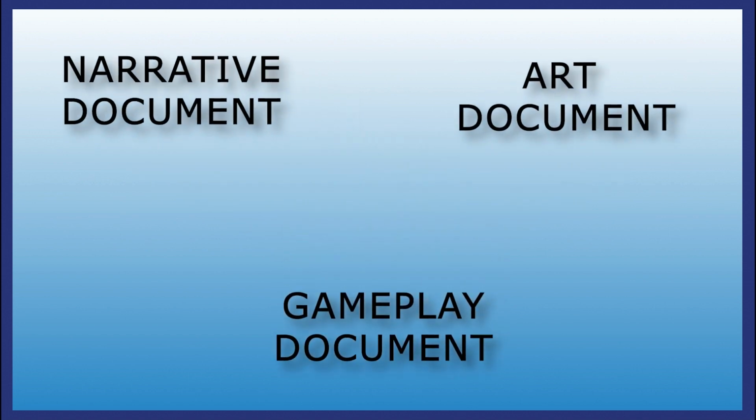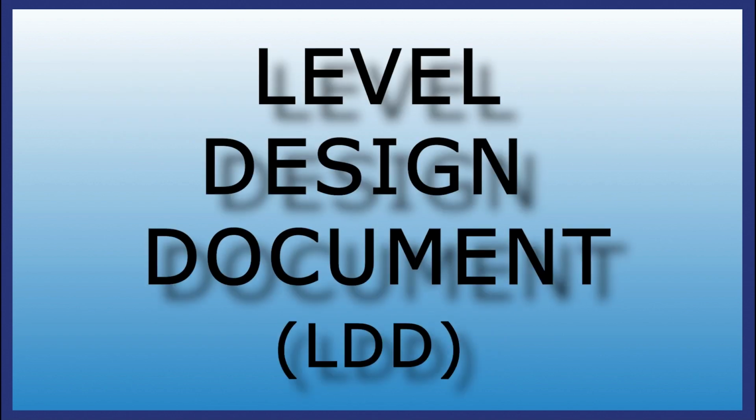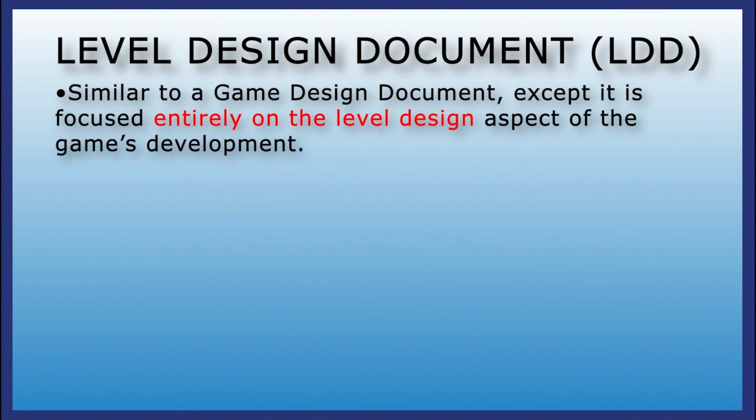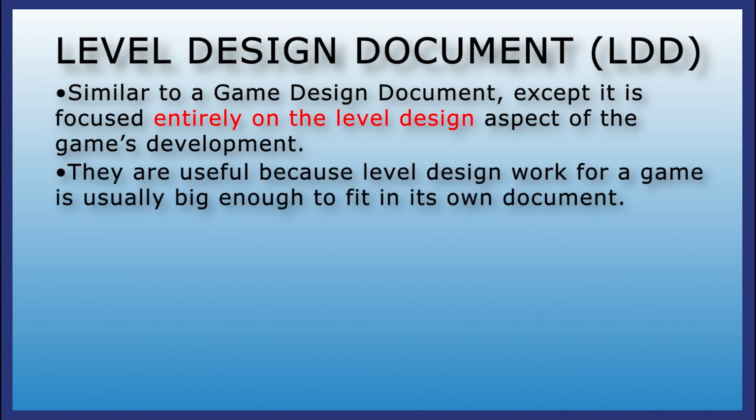However, some teams like to create separate documents for specific aspects of the development process, including level design. In this case, you would create a document called a level design document, or LDD. These keep all of your ideas, concepts, diagrams, maps, and a general look at the iterative process for each of the levels you create for a game together into one document.